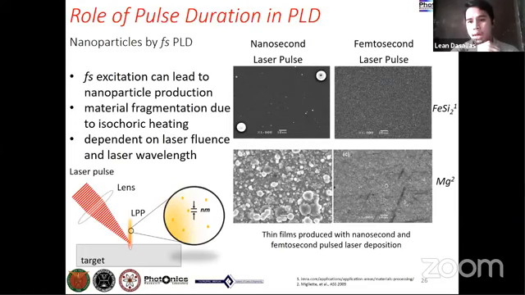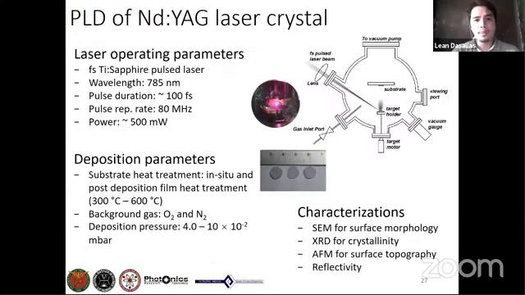Now, it turns out that when we use femtosecond laser pulse, we can observe larger amounts of smaller deposits, and some of them have a size in the nanometer range. So what we did is we used the femtosecond titanium sapphire laser. That's a femtosecond pulse laser to do the deposition.